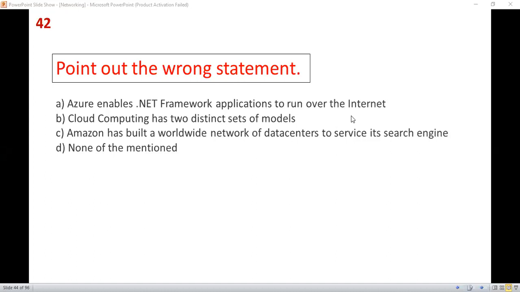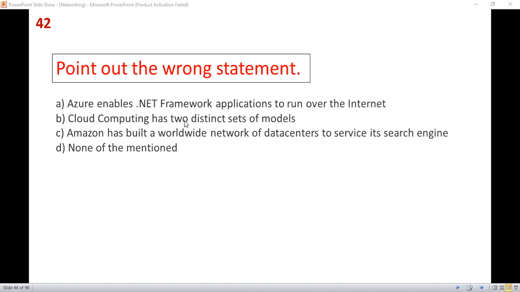If we are talking about the models in cloud computing, the main infrastructure is located as a software as a service and platform as a service. We have two distinct sets of models for cloud computing, which are software as a service and platform as a service.